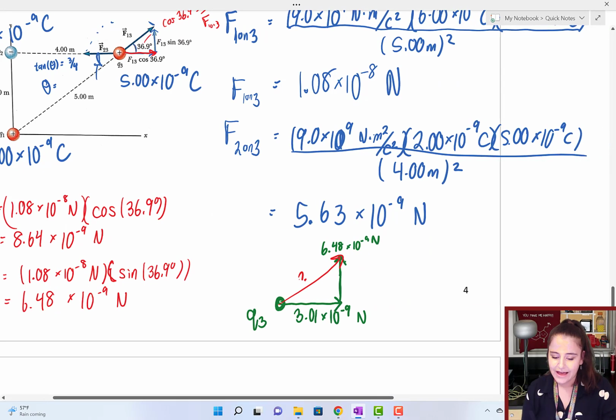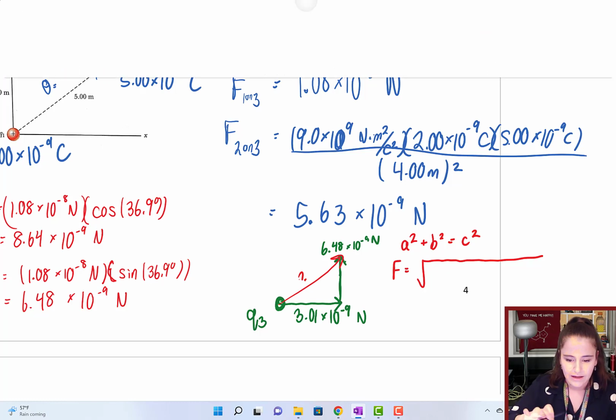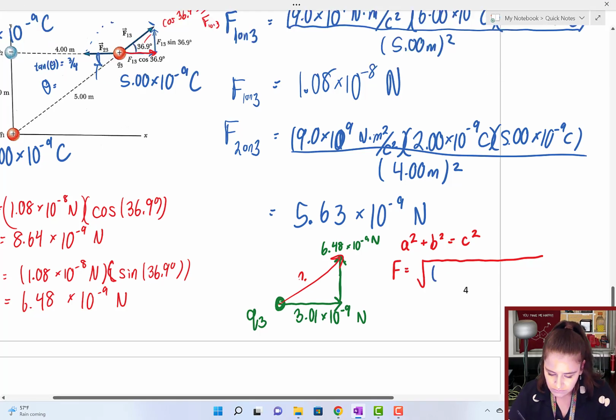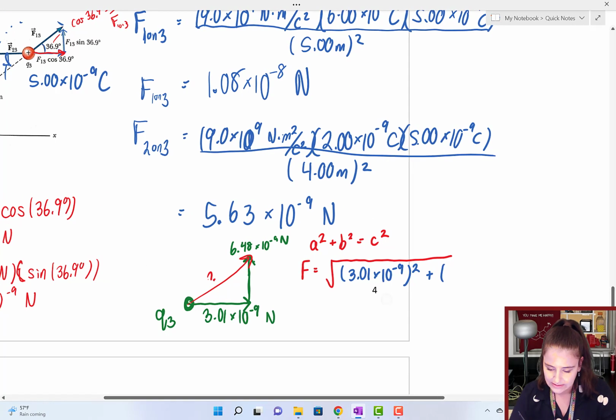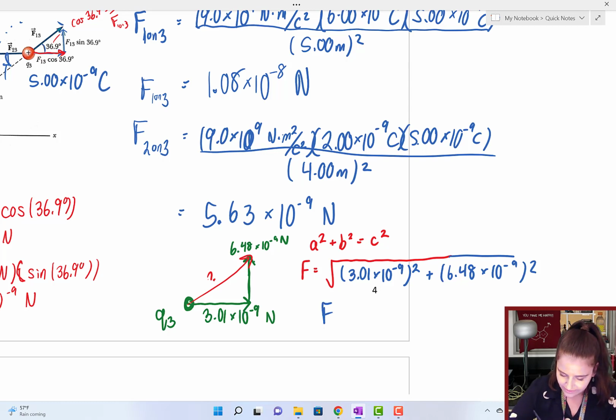In order to do that, we use the Pythagorean theorem. A squared plus b squared equals c squared. So our resultant force is going to be equal to the square root of 3.01 times 10 to the negative 9 squared plus 6.48 times 10 to the negative 9 squared.